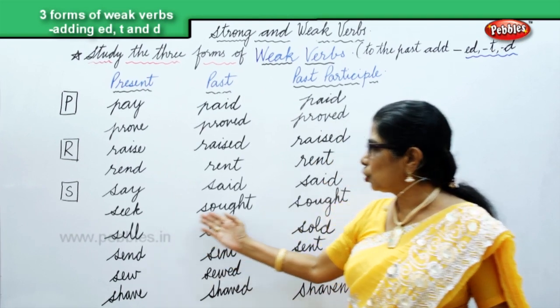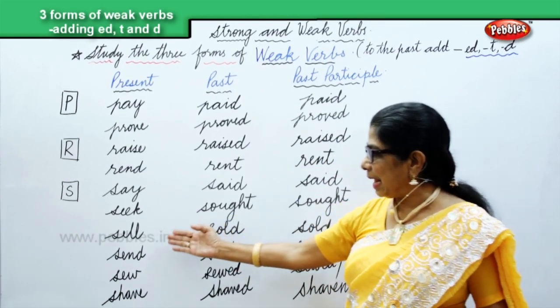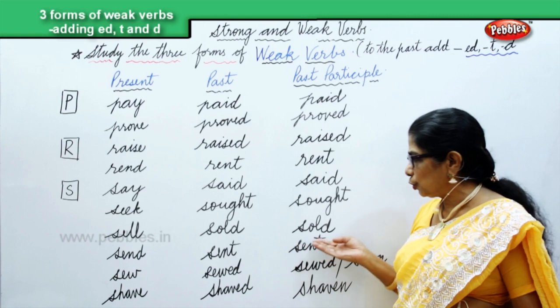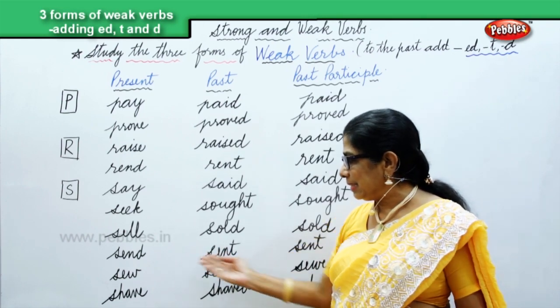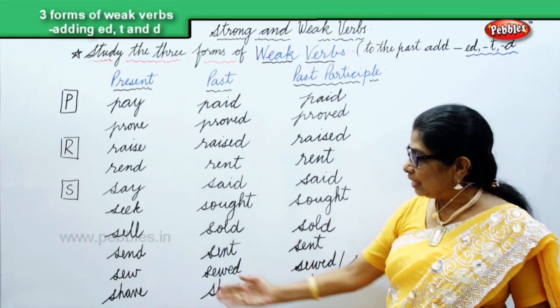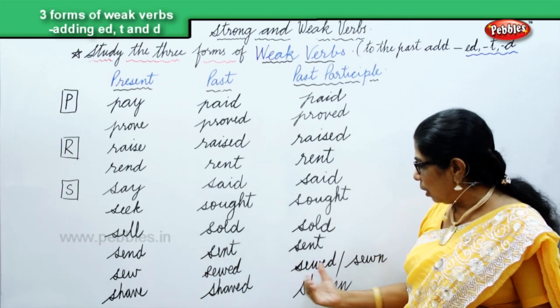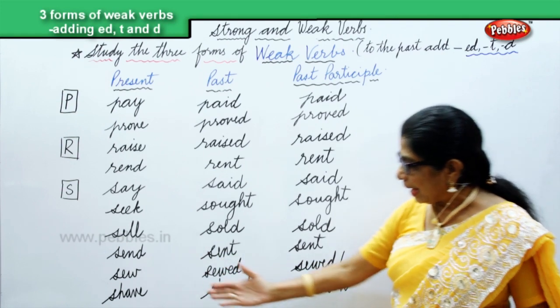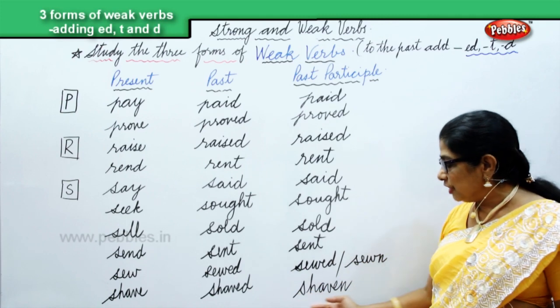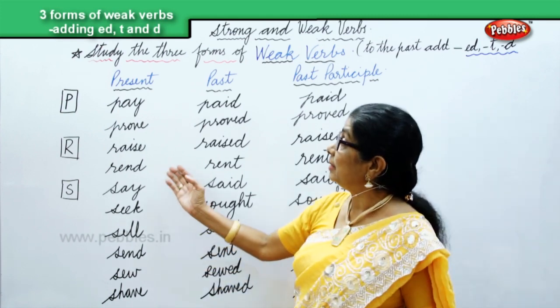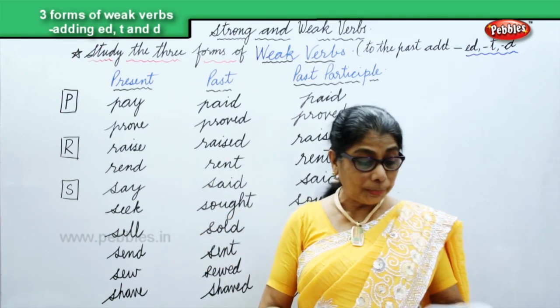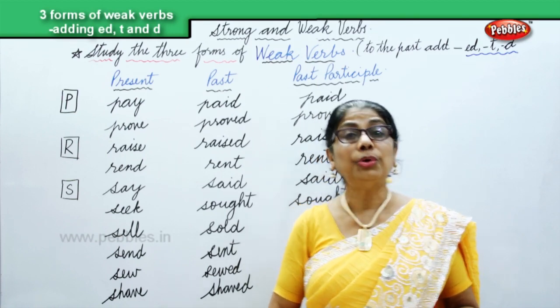Seek, sought, sought. Sell, sold, sold. Send, sent, sent. Sew, sewed, sewed or sewn. Shave, shaved, shaven. Now we are working on the weak verbs and we have just a few more to go.